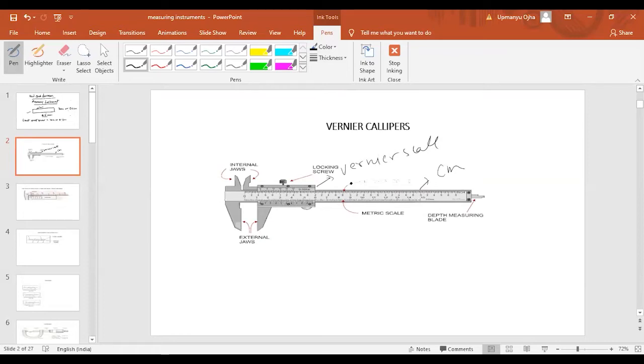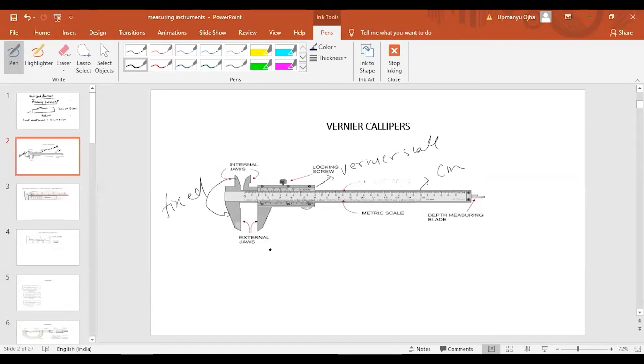Now if you look at the design here, these are the two external jaws which are present. These two jaws are fixed and cannot be moved, and the remaining two jaws can be moved, sliding along the scale.